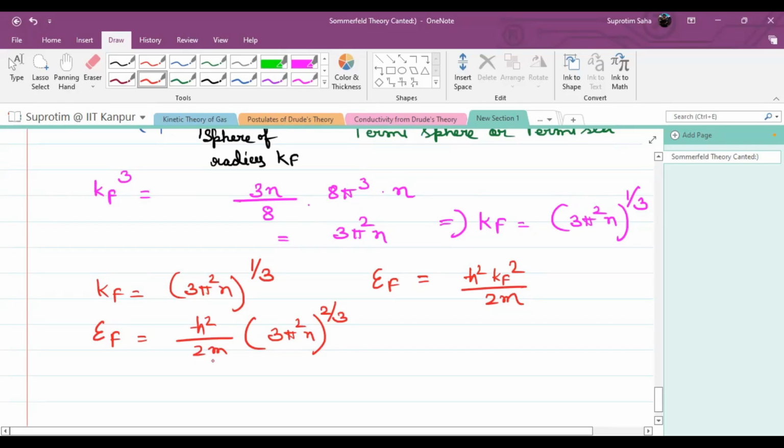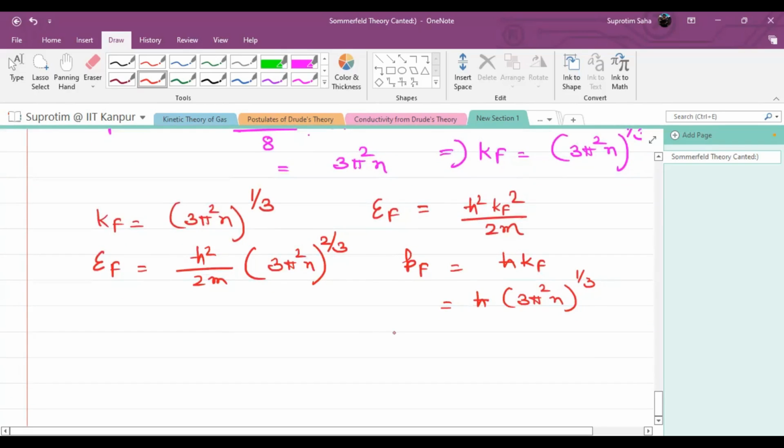Similarly, you can also have the Fermi momentum, which is ħ kF, which is ħ times (3π² n) to the power 1 over 3. From that we can also calculate the Fermi velocity, which is ħ over m times (3π² n) to the power 1 over 3. So vF is your Fermi velocity.